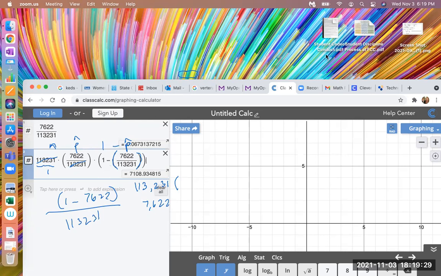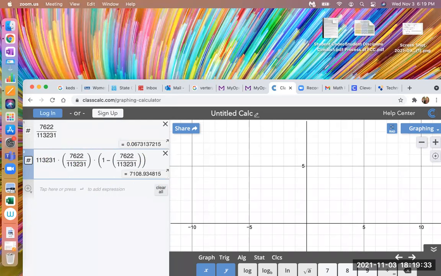But let's clear all the drawings, and you should probably do that when you're doing this calculation, because you could get this one wrong just by truncating. If I just used 0.06 in this problem and did the calculation 113231 times by 0.06 times by 1 minus 0.06, I would have probably got this calculation wrong, right?